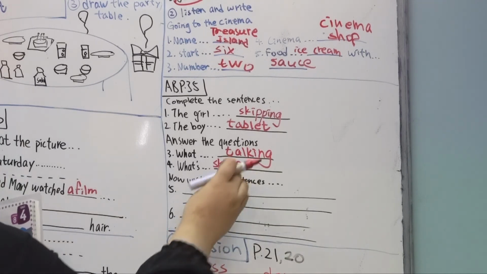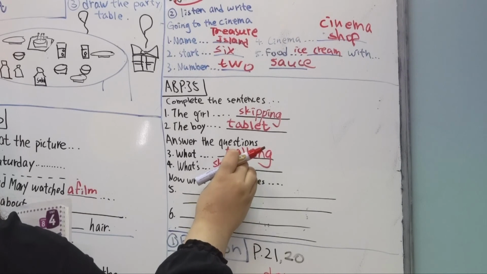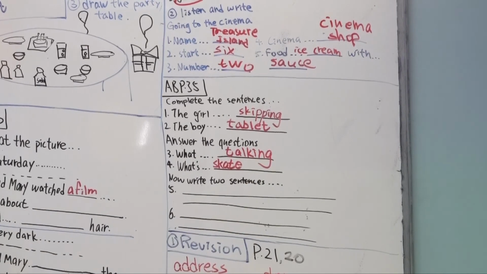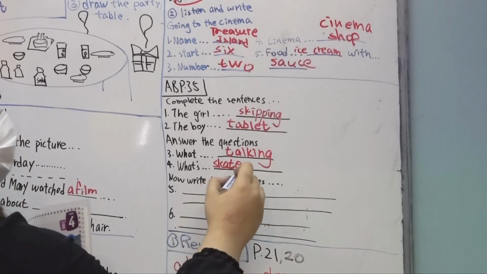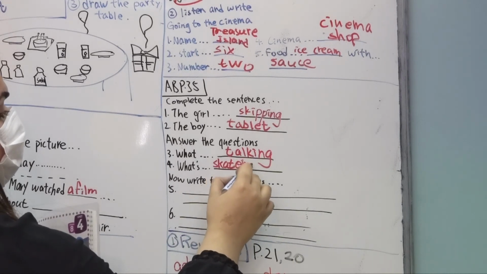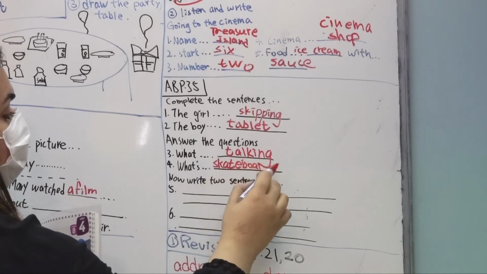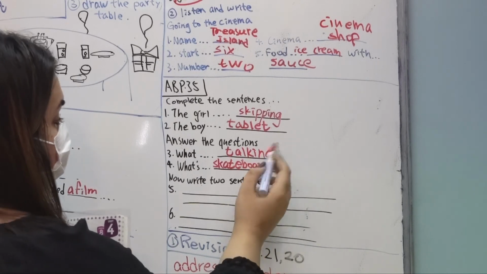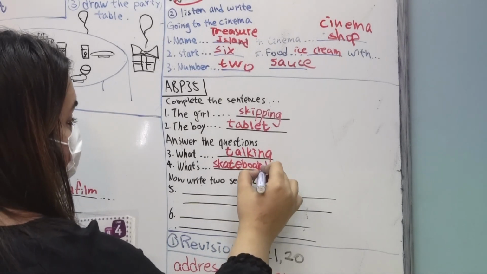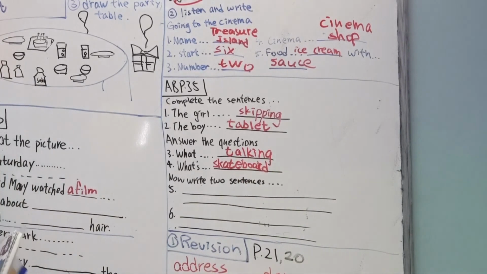And then how do we spell board? B-O-A-R-D. Right? Skateboard.